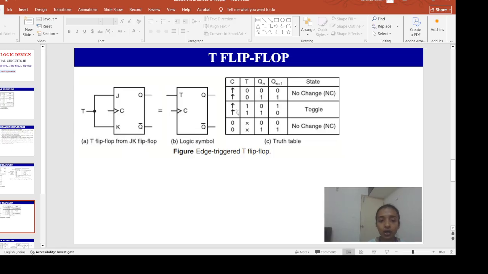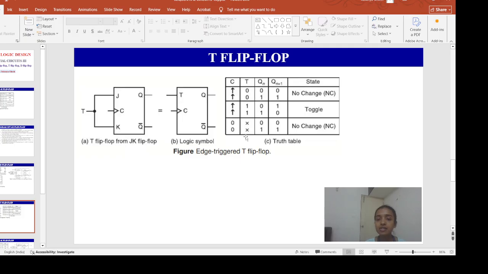If T is 1 and present state is 1, the next state will be 0. Whenever T is 1, the next state Qn plus 1 will toggle with respect to the present state.